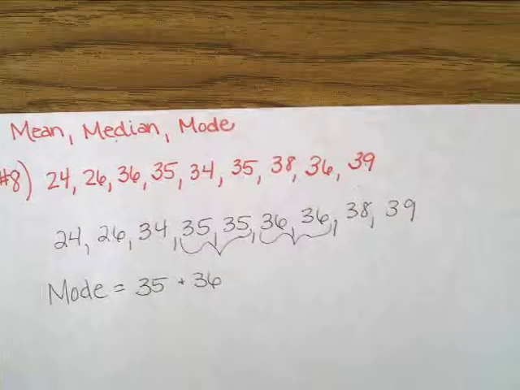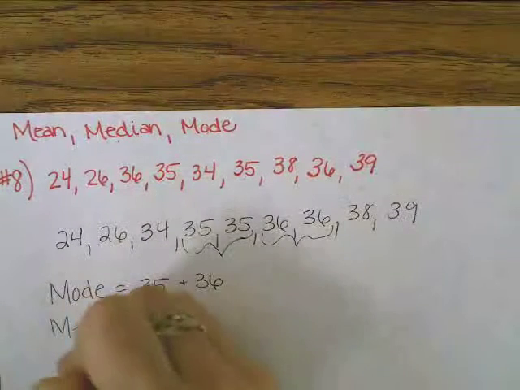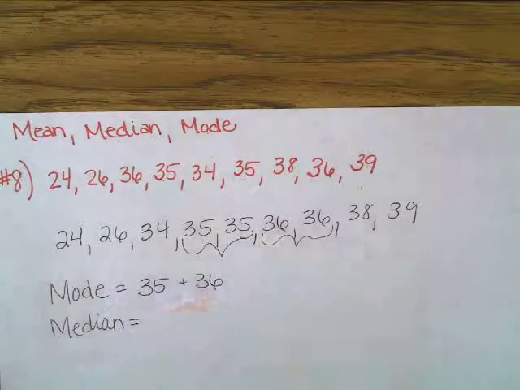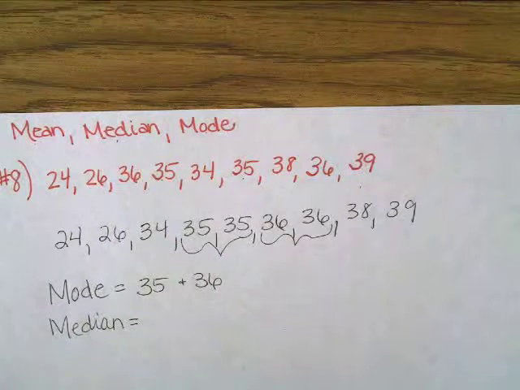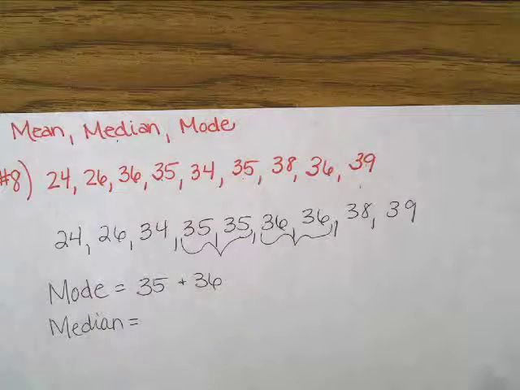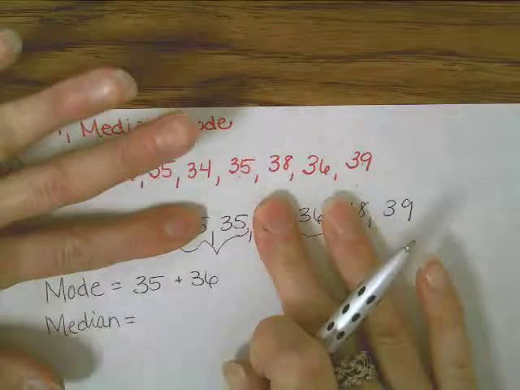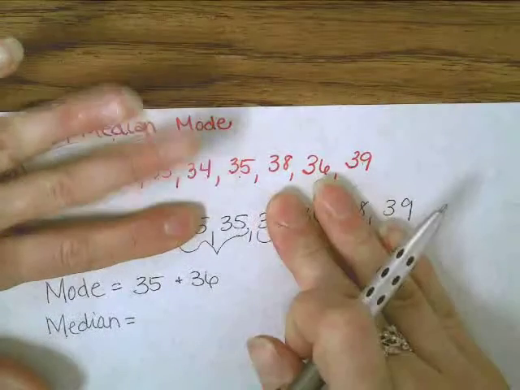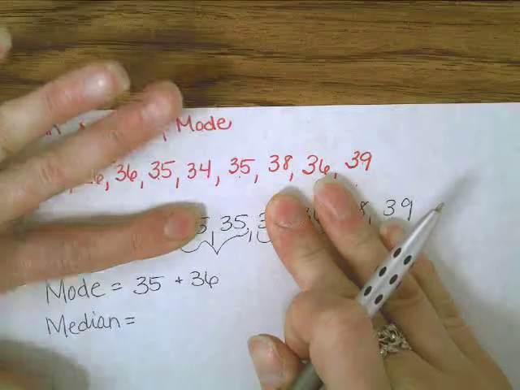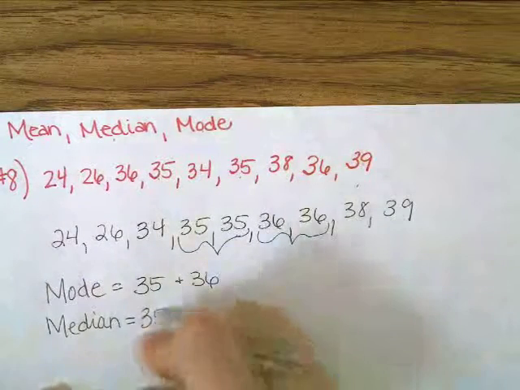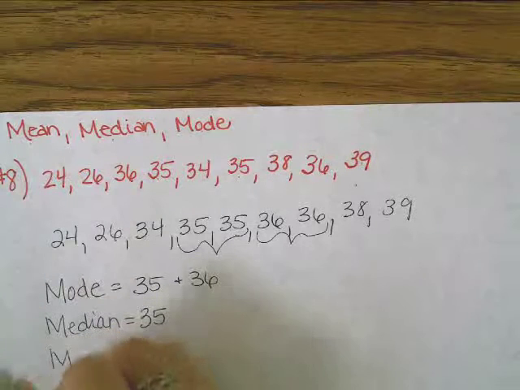Now I know that I have an odd number of numbers, so my median is the number that lies directly in the middle. The number that lies directly in the middle is 35.